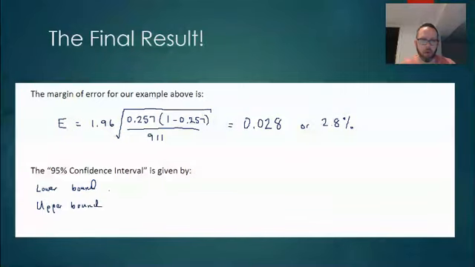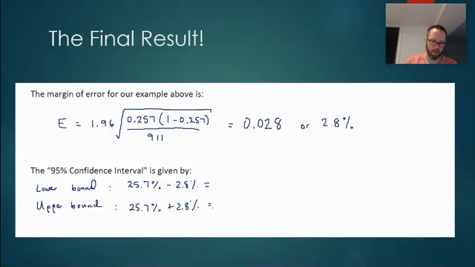Our estimate was 25.7%, that's good within 2.8%. So subtract 2.8% from that value, and then add 2.8 to that value. Let's do that pretty quick.